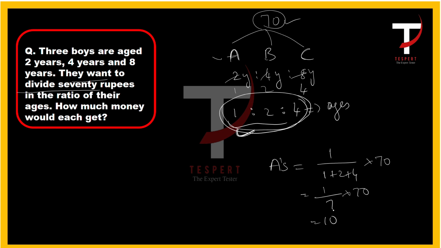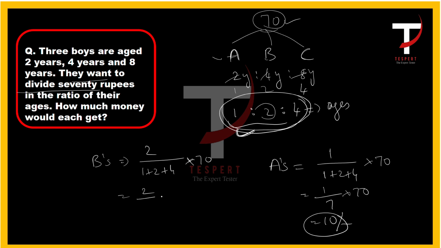So 10 rupees, A gets 10 rupees. Let us calculate for B. So B, here what is his part? 2 by total 1 plus 2 plus 4, right? 1 plus 2 plus 4 into total quantity 70, right?